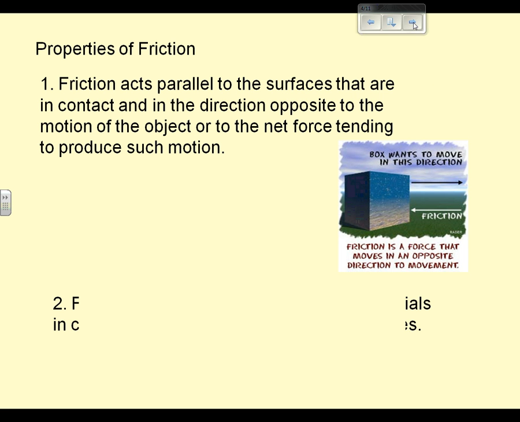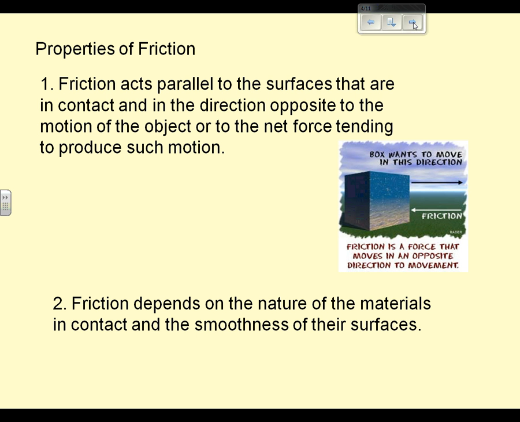Okay, second property is that friction depends on the nature of the materials in contact and how smooth they are. Obviously, if they're smooth, there's less friction, right? There's actually a frictional number, a value that says how much friction there is between various surfaces. You can't say how much friction a rubber tire has. It depends.